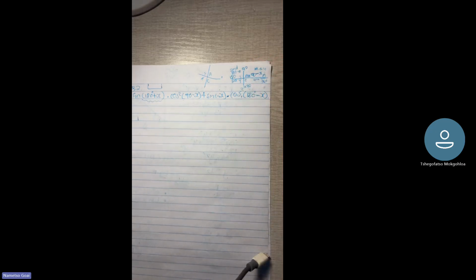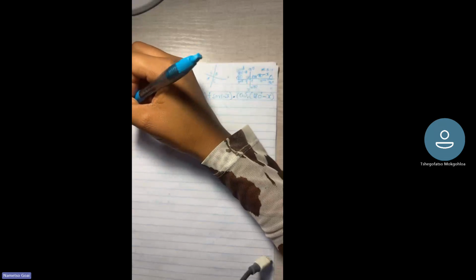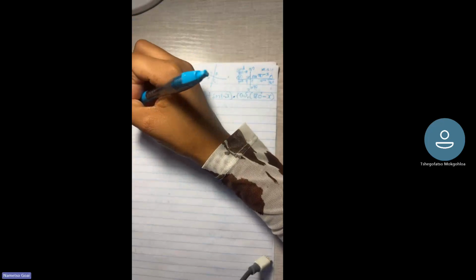But in the second quadrant, only sine is positive. So if we have sine of 180 minus x, we know this is going to be a positive sine x. But if we have cos of 180 minus x, we know that it's going to be a negative cos x. You get it?